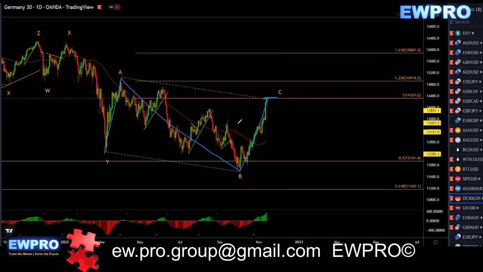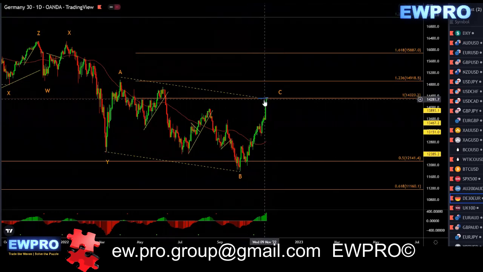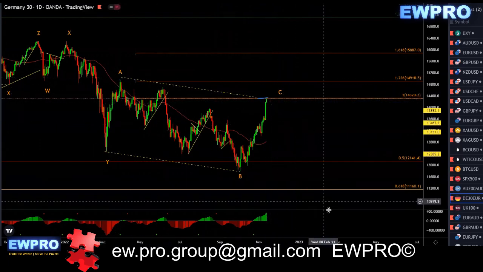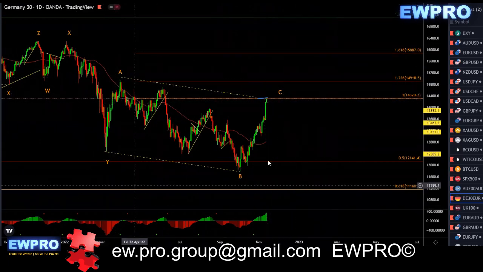You can really only buy it, but if we do get a sell setup, you can look for the sell for the larger A, B, C. So we have to be very careful at this stage because we are at that 100 fib and we may get a continuation to the downside. And this is a correction.